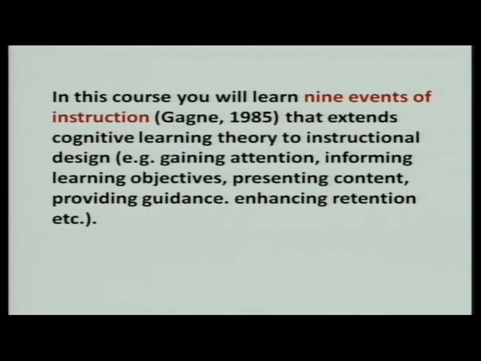Have I provided you any guidance? Yes, the answer is yes. I have given you guidance for this video lesson, and I have helped you in enhancing retention. I have highlighted some points, some words, some sentences, and I have summed up, and at the end also I am going to sum up. So, these are for retention. These are events of instruction that you can follow for better learning.